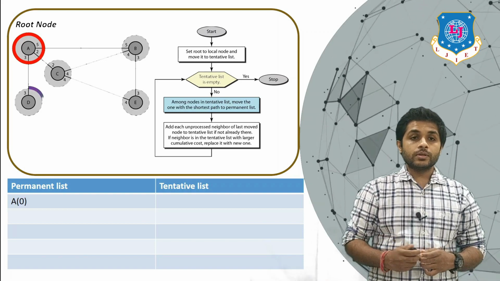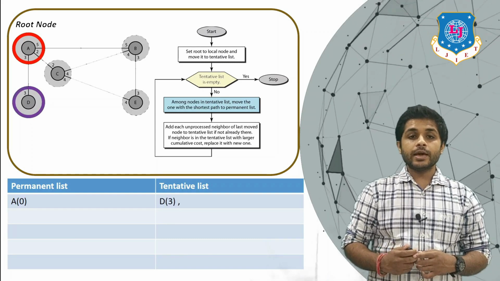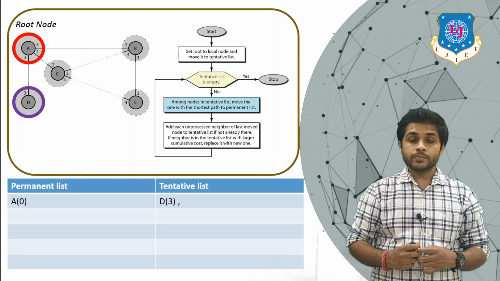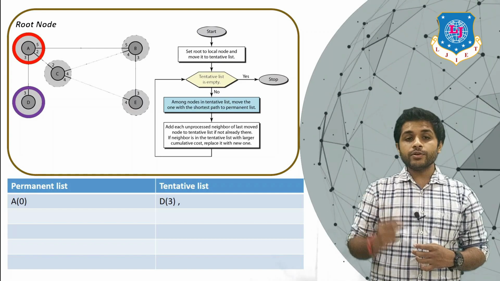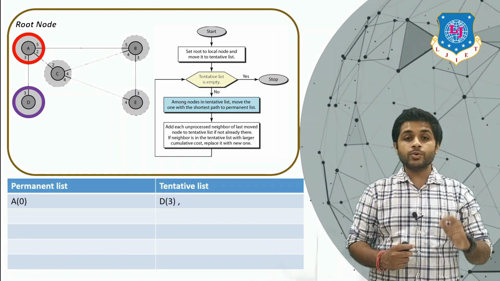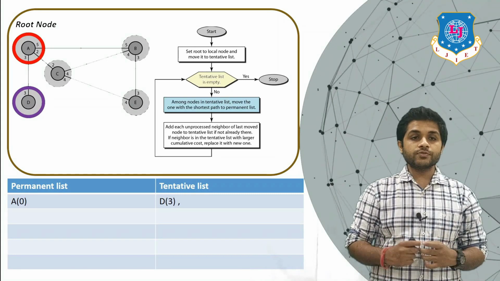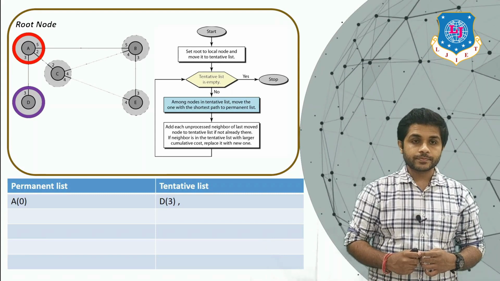So the first adjacent node D will be added to tentative list. Now you can see D3. So what is the meaning of the value in the bracket? The value in the bracket will always tell you the distance from the root node. So the distance from the root node is 3, so D3 is added to tentative list.